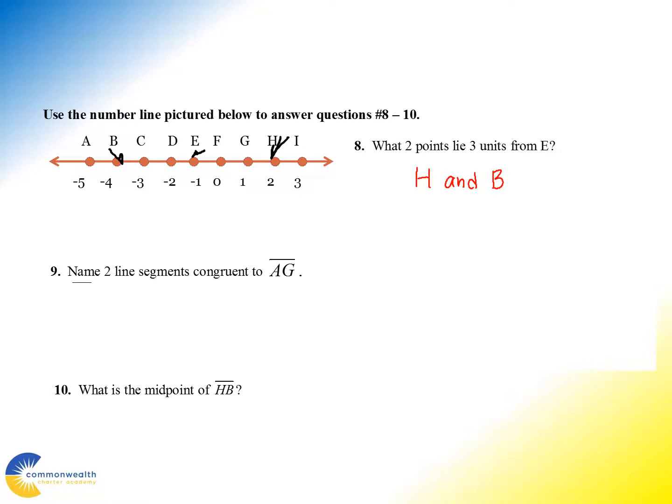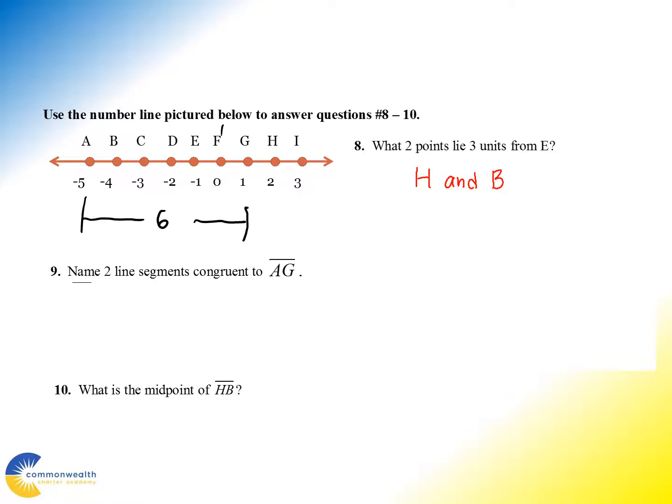Name two line segments congruent to AG. Okay, well, if I go from A to G, that is 6 units in length. So I want two segments that have the same length. Well, I don't have a whole lot of options here.